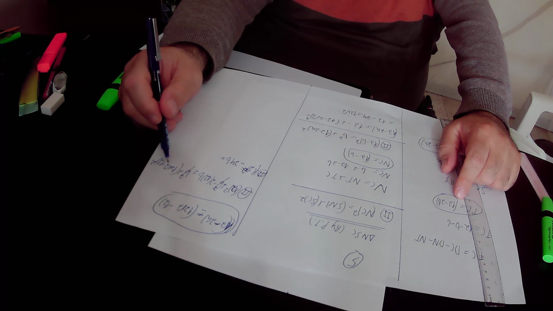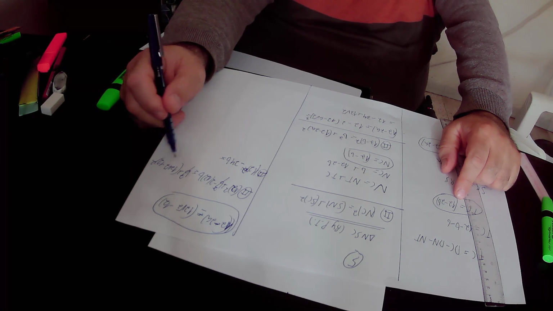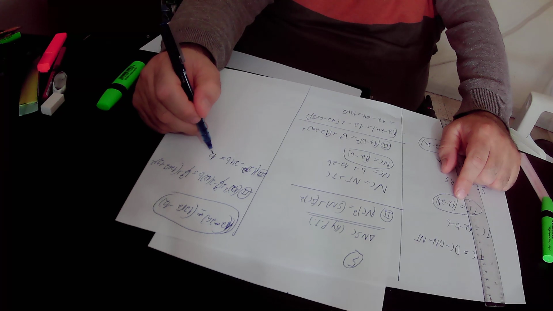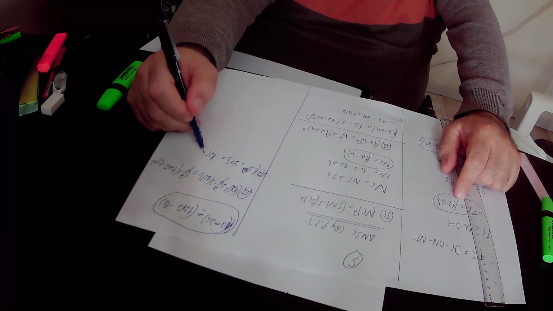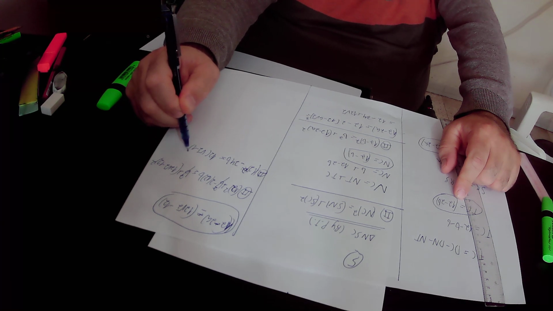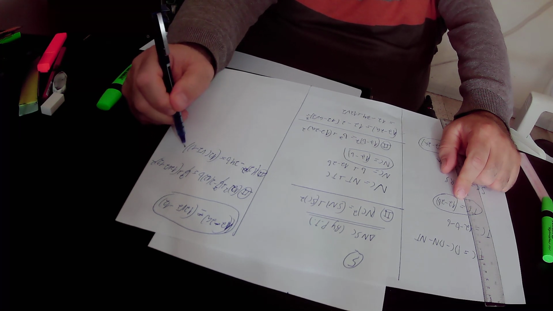Here we will take 12 as a common factor out of this expression, so it will be 12, and inside the brackets we will have the square root of 2 minus 1 all squared.